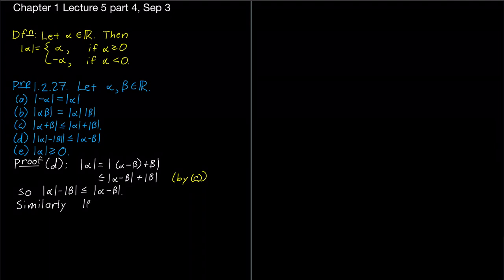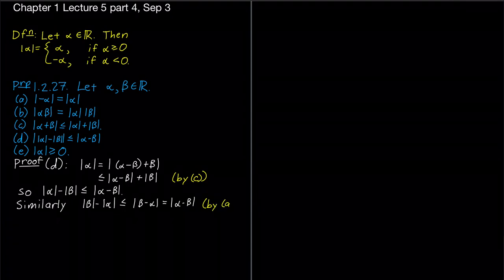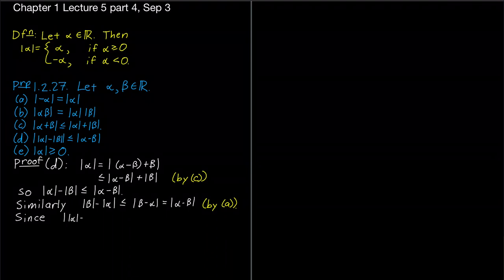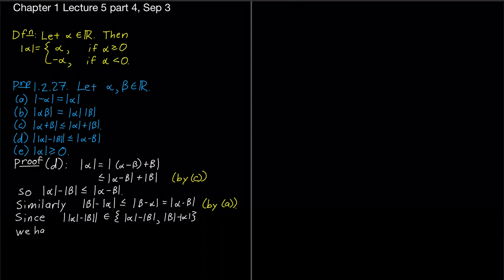Similarly, beta minus alpha is less than or equal to the absolute value of beta minus alpha, which is equal to the absolute value of alpha minus beta, and that is by part A. And since the absolute value of a number is either that number or the negative of that number, both of the things in this set are bounded above by the absolute value of alpha minus beta. We have our reverse triangle inequality.